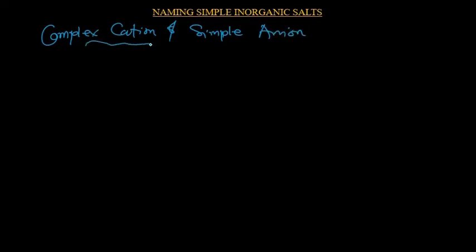So let's just say we have a complex cation and a simple anion salt.